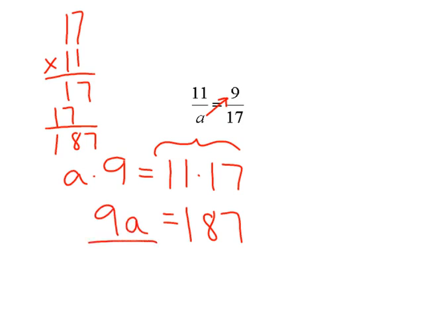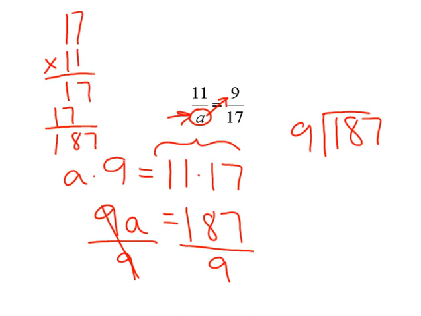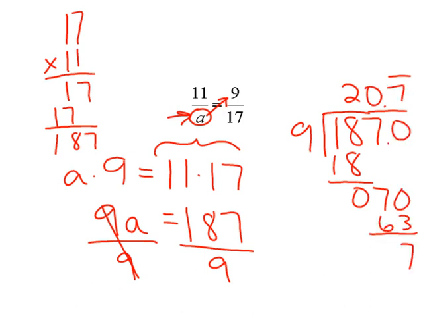So to get a by itself, because that's our variable, remember we're trying to figure out what we could plug in right here for a. So I divide both sides by 9 to get the a by itself. So then I have 187 divided by 9. 9 goes into 18 2 times with a 0 remainder, and goes into 7 0 times with a remainder of 7 repeating.